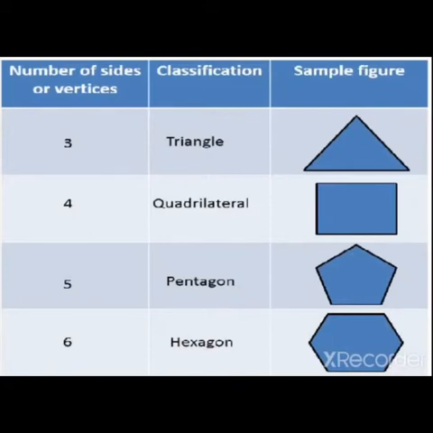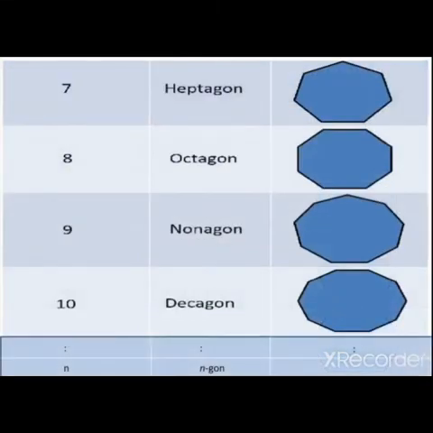After that, the pentagon figure. A pentagon has 5 sides. After that, hexagon. A hexagon has 6 sides. After that heptagon, then octagon, then nonagon and decagon. These are the figures by number of sides. So for n number of sides we say n-gon.